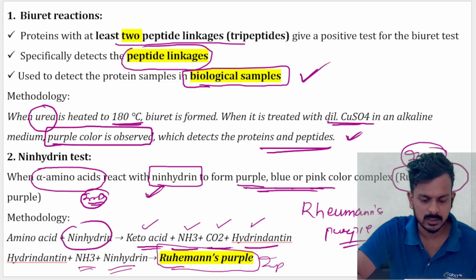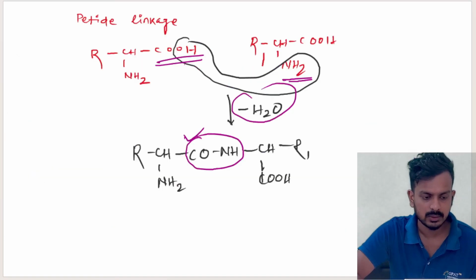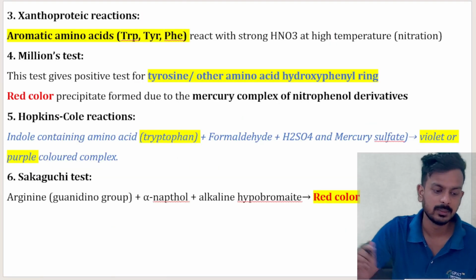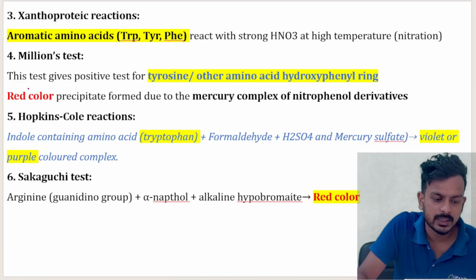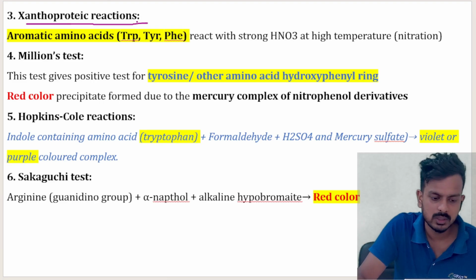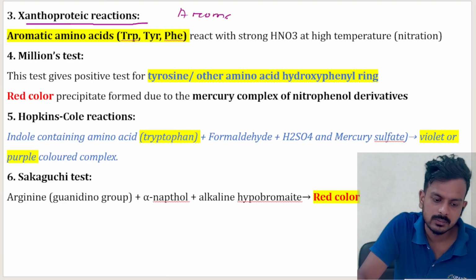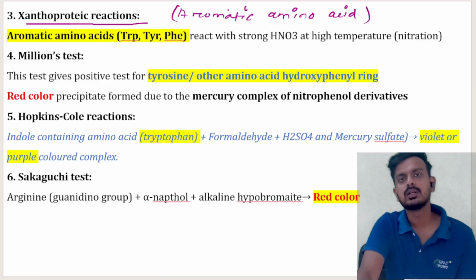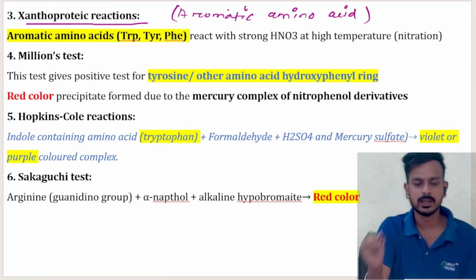Okay. Next method is the xanthoproteic test. Let's talk about what this xanthoproteic test means. It basically detects the aromatic amino acids. If we talk about aromatic amino acids, there are three major types present.